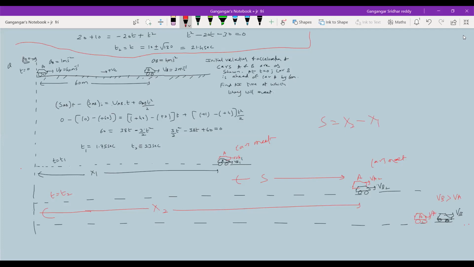How to calculate x2, x1? Directly apply equations of motion. So what is x2? S is equal to, x2 I'll take with the help of car A. You can take car B or car A. So x2 should be equal to uA t2 plus aA t2 square by 2, minus uA t1 plus aA t1 square by 2.